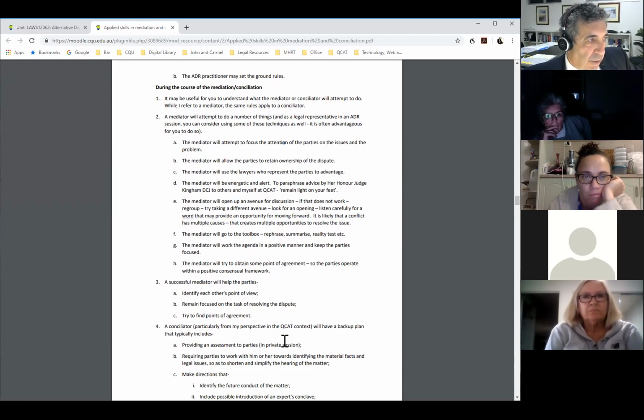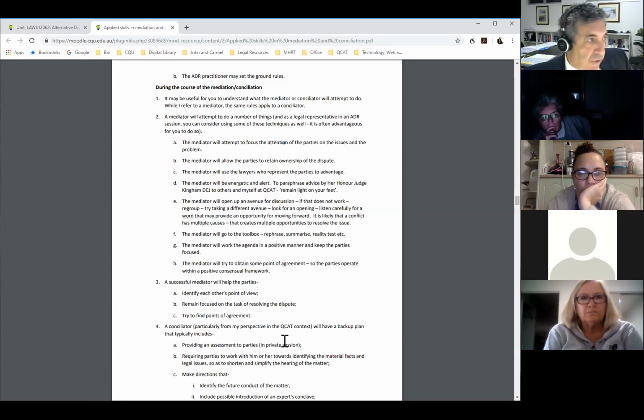So I'm using the terms effectively interchangeably because they're very similar. But a mediator will attempt to do a number of things. And as a legal representative, you can consider also using some of these techniques. It's often advantageous to do so.